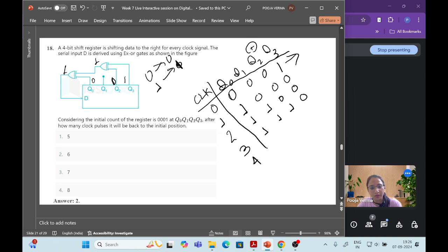Now again for the next clock pulse, XOR Q2 and Q3: 0, 1, 1, and 1 XOR with 1. So again 0, 0, 1, 1. Now for the next clock pulse, again XOR Q2 and Q3: 1, 1, 0, and again 0 XOR with Q0, that is 0.